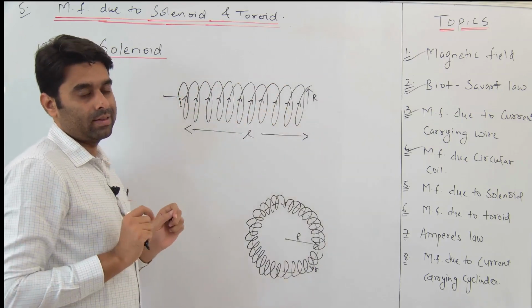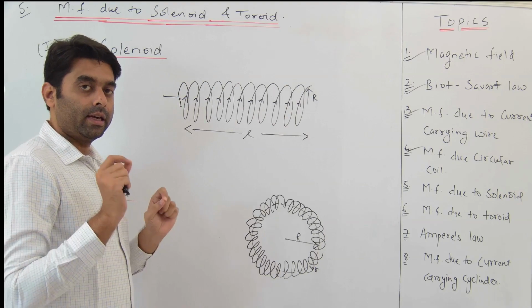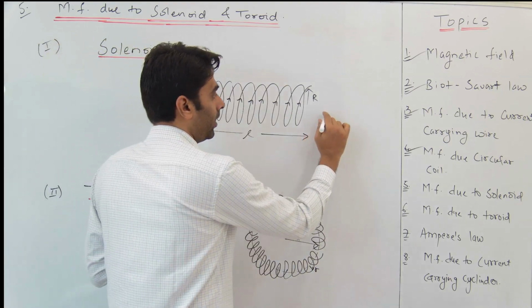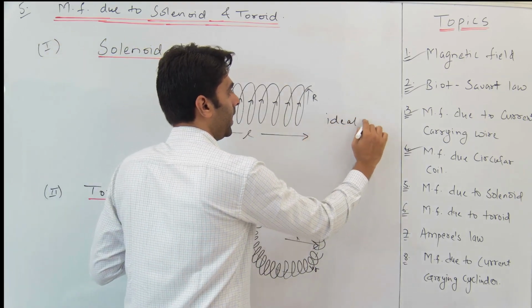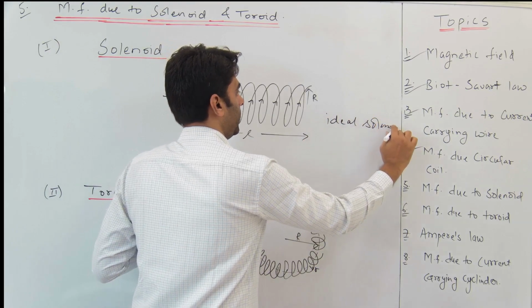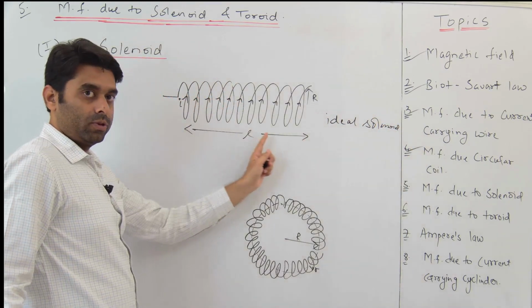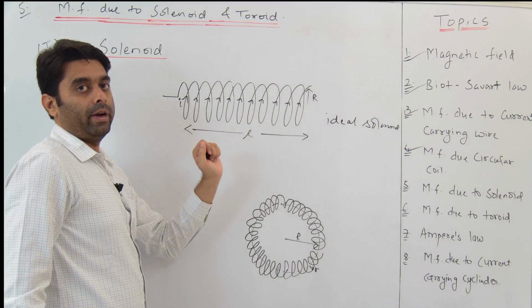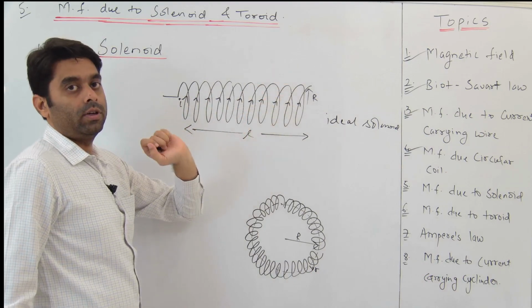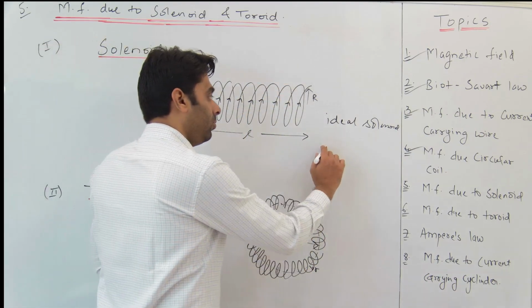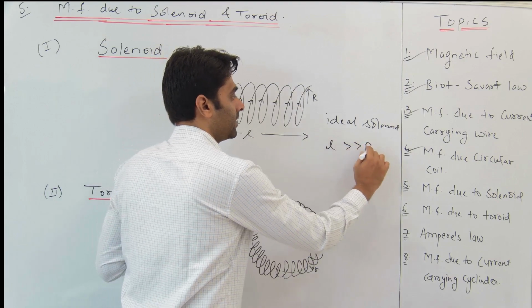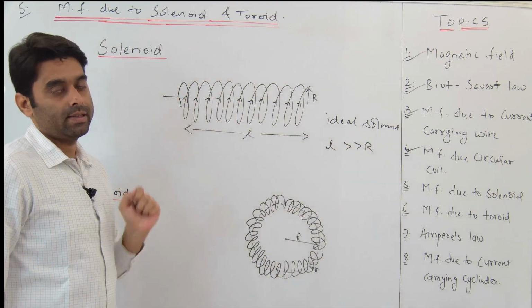Now over here, the result that we'll be writing is for an ideal solenoid. What do we mean by an ideal solenoid? Suppose the total length of the solenoid is L and the radius of the turns is R. When the length L is very, very large as compared to the radius, we term it an ideal solenoid.